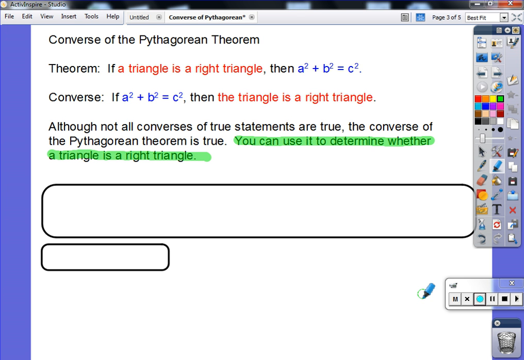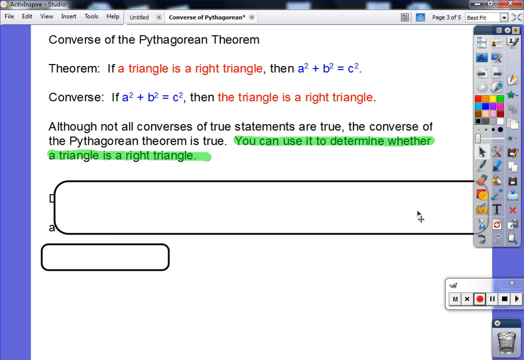So what's going to happen in these problems is you're going to be given 3 different lengths of sides of a triangle, and then you are going to take those numbers, plug them into the Pythagorean theorem. If it works out, then you have a right triangle. If you end with something that is not true, then you do not have a right triangle. So let's take a look at an example of this.